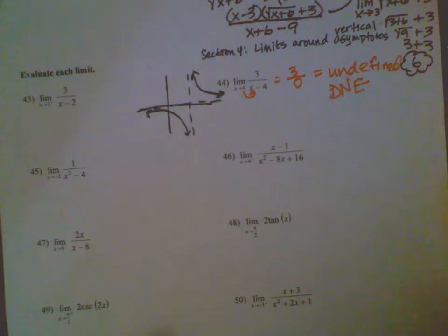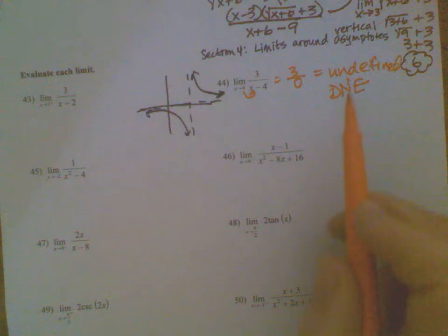But again, this is really a correct answer. Sometimes we're really interested in what's happening on either side, or as in the case of 46, again on my camera it's not easy to see, but hopefully on your paper you can see, I want to know what's happening on one side only. And so this undefined or does not exist answer, although a correct answer, is not necessarily what I'm always looking for.